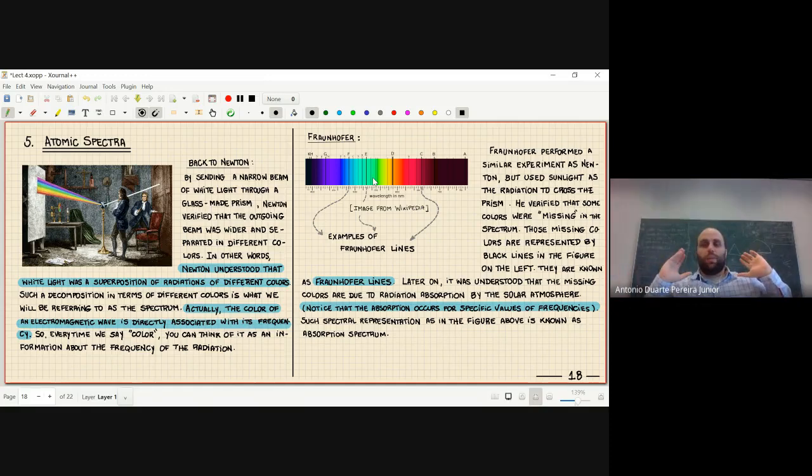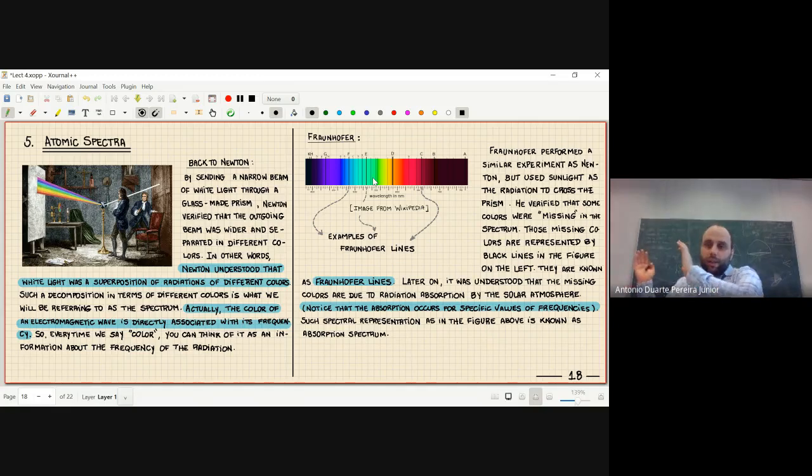When the core of the sun produces white light, it passes through the sun's atmosphere, and the atomic species that live in this atmosphere absorb some colors of the radiation.